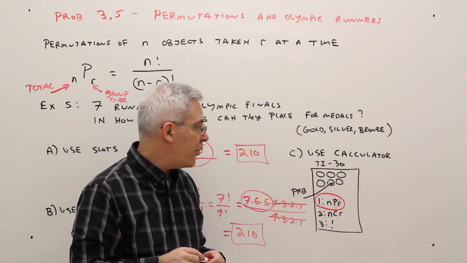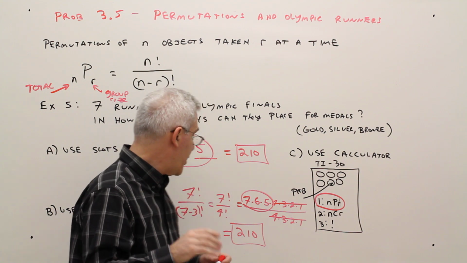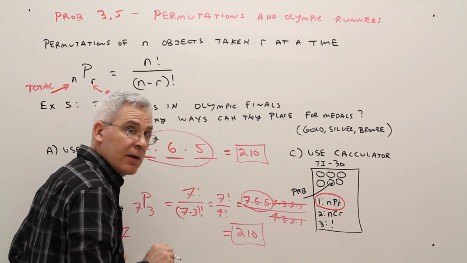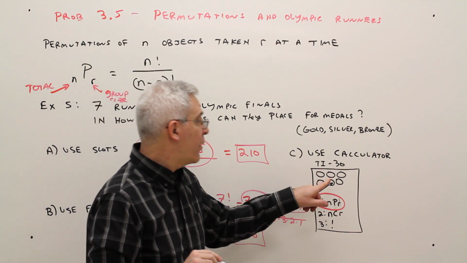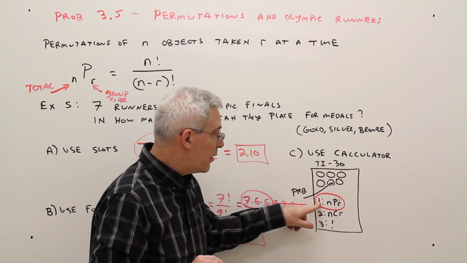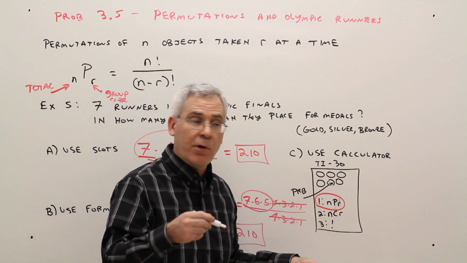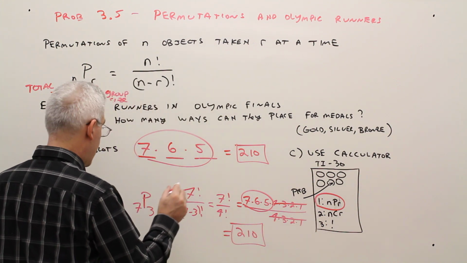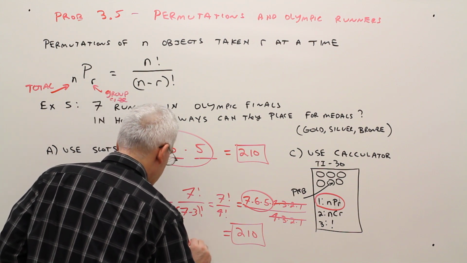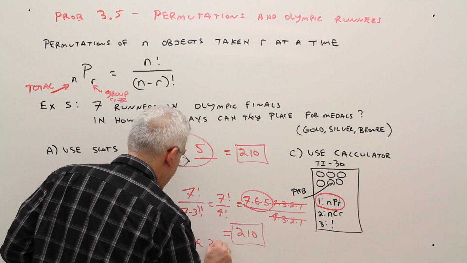So what you want to do is first put in the numbers, so you put in 7, then you would go PRB item number 1, and then you would do the grouping size, which is 3. And then you'd hit enter, and you'd get 210.